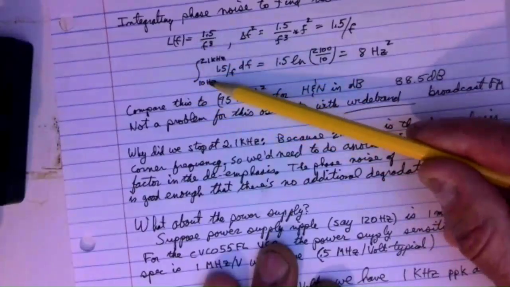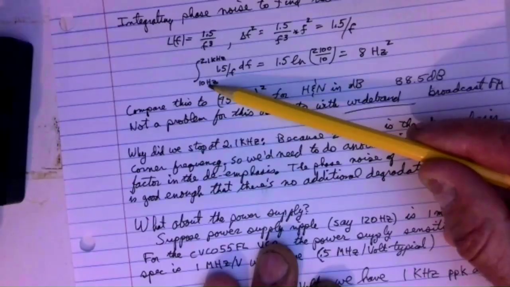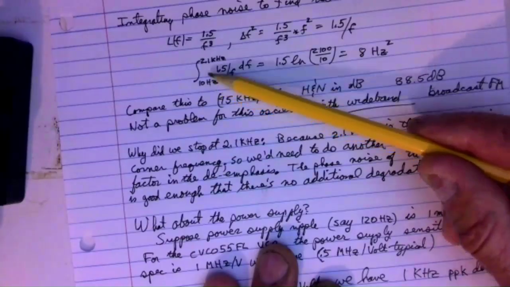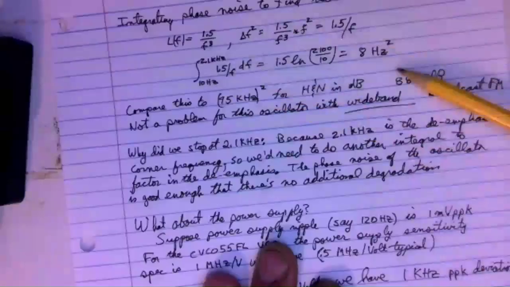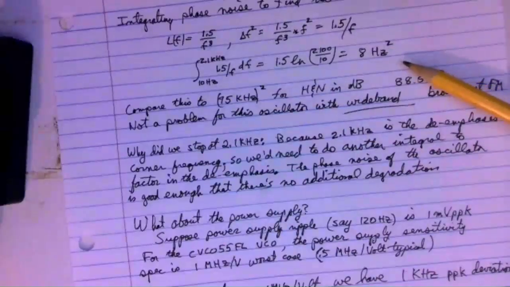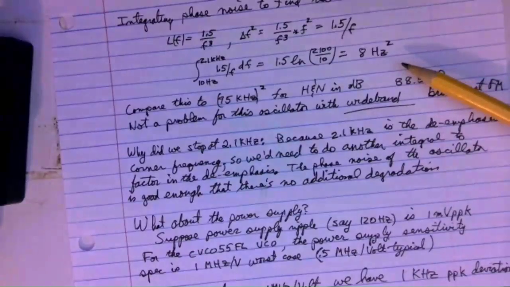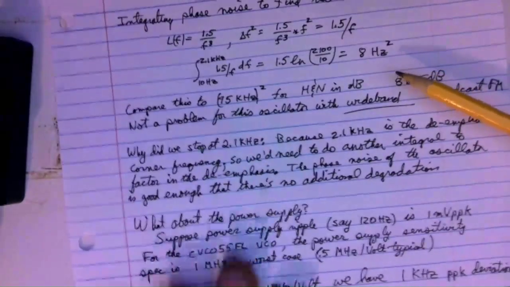And remember, at 1 kilohertz, we had 0.0014 hertz squared. If we integrate over this whole region, we get 8 hertz squared. That's not too bad. Pretty good. So what would we compare that to?